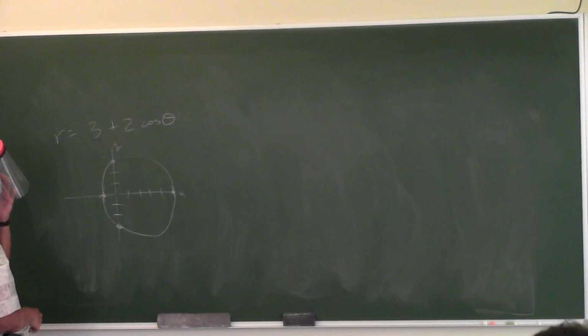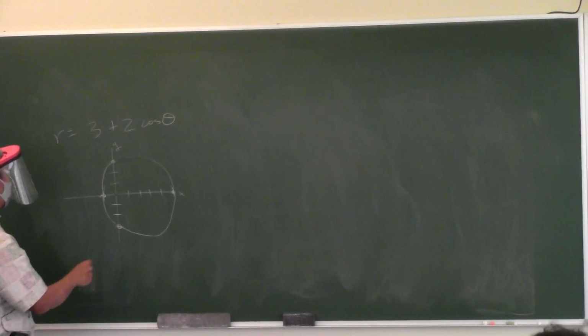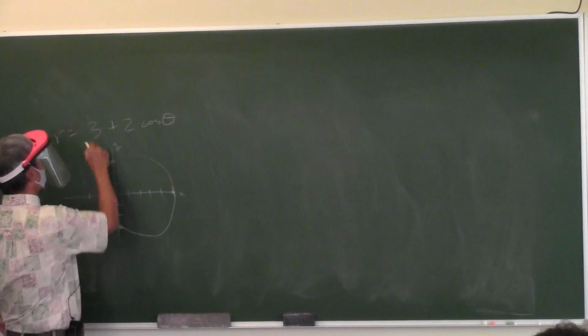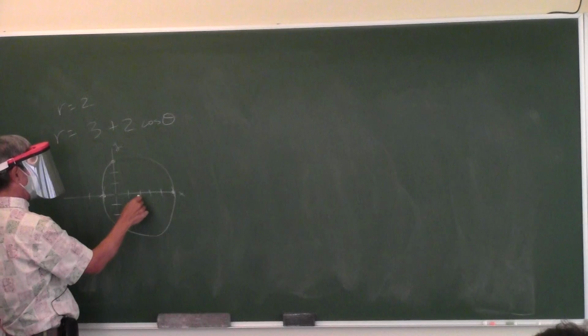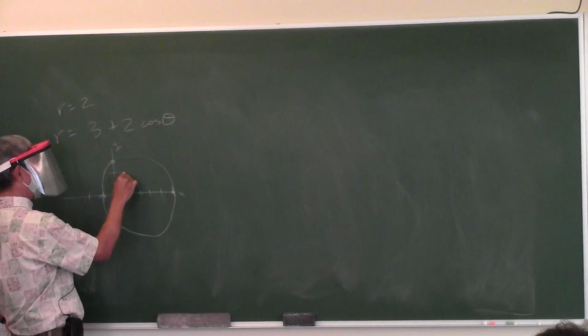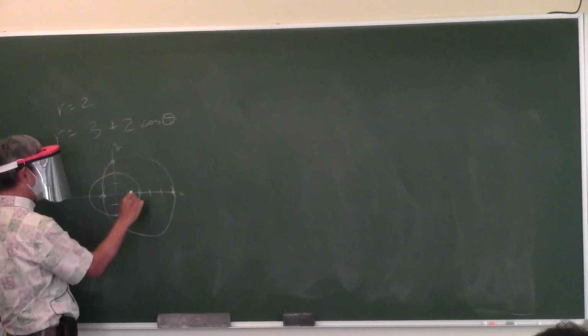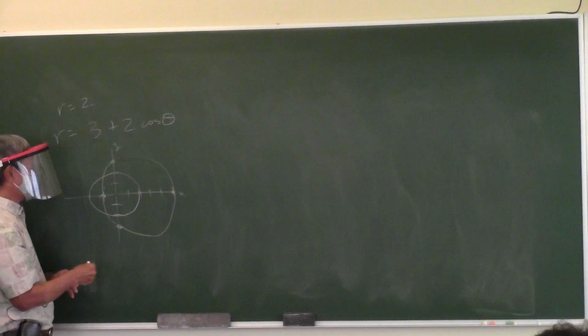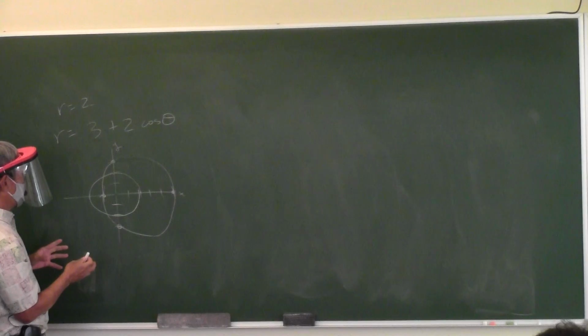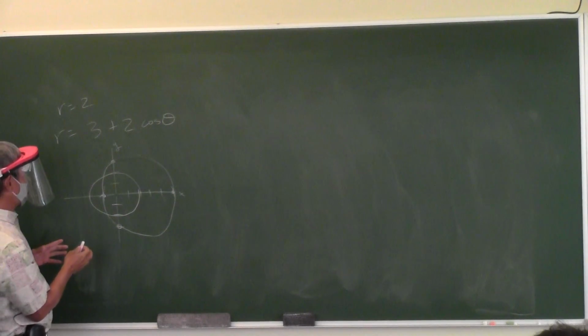R equals 2. Oh, that would work. Okay, R equals 2. Describe that graph to me. It's a circle, radius 2, like that. Okay, so let's do a double integral to compute the area. Which one you want to do?